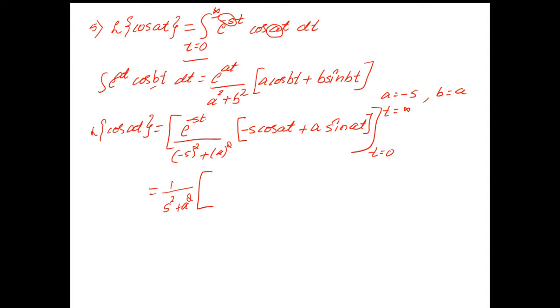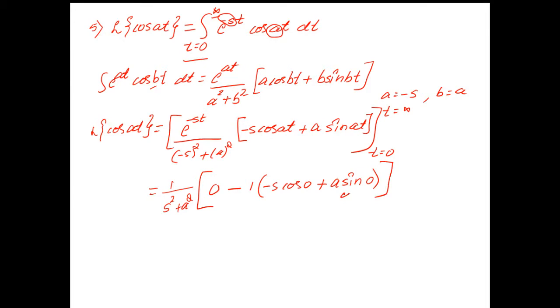So e^(-infinity) is 0. While t is equal to infinity, e^(-infinity) is 0. So while substituting the upper limit, this term becomes 0, minus, now substitute the lower limit: e^0, that is 1, into minus s into cos 0 plus a into sin 0.